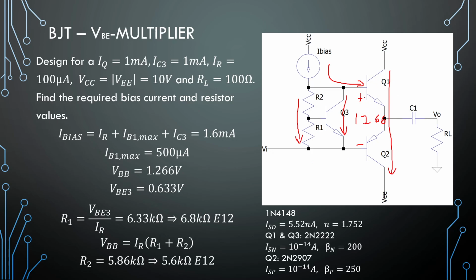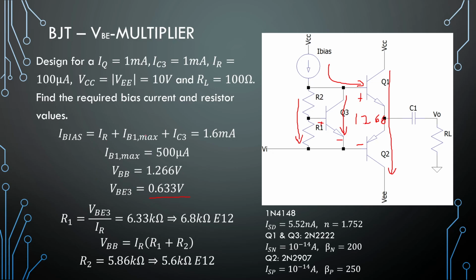So if we are using the same transistor, the 2N222 like we had here, the VBE voltage of Q3 will be 0.633 volts. If it's a different transistor, it will obviously be a different value.